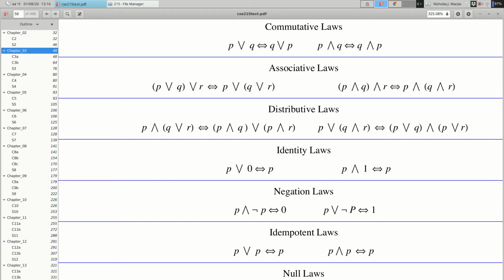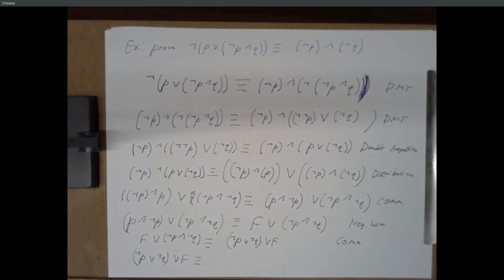All right, now we can say identity law says something ORed with false is just equivalent to the original something. And that's identity law. So I did an extra commutativity step here to switch around the false to the right side, and then the identity law applied and said that was equivalent to that.